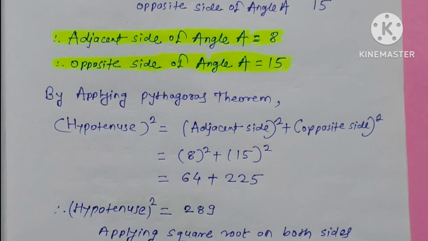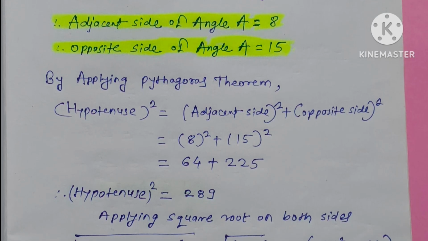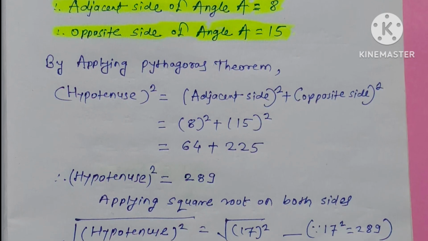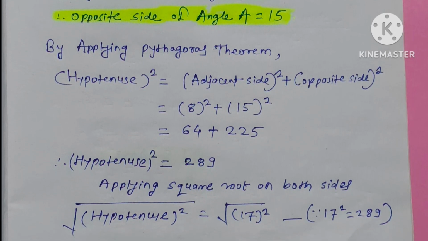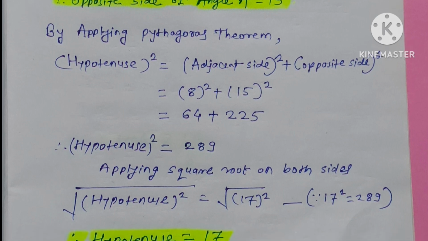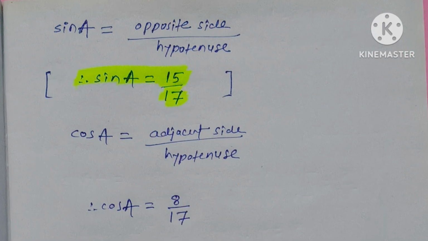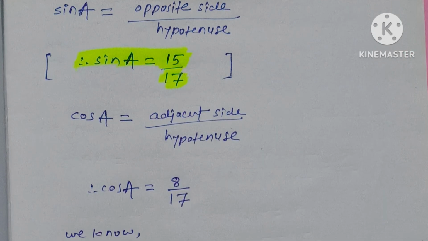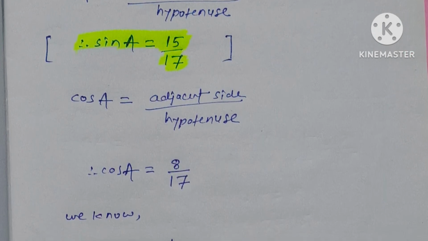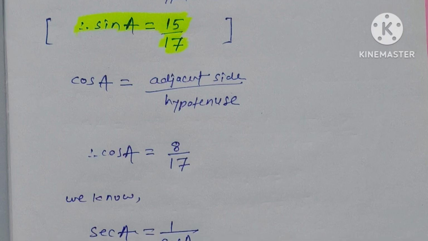Again, when it comes to trigonometric ratio, it will always be a right angle triangle. So we can easily calculate the hypotenuse using the Pythagoras theorem, that is hypotenuse square is equal to side square plus side square, and then we can calculate the values we have been asked for, that is sin A and sec A.